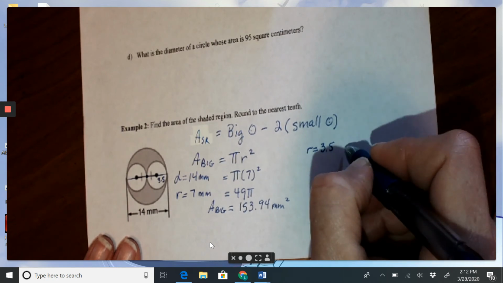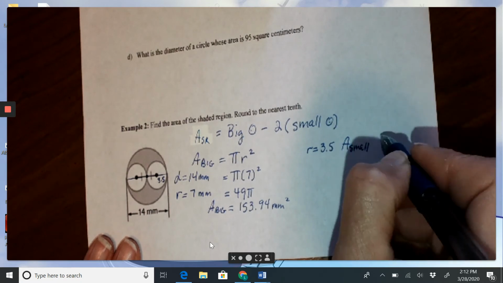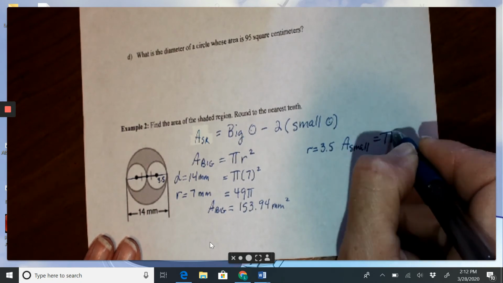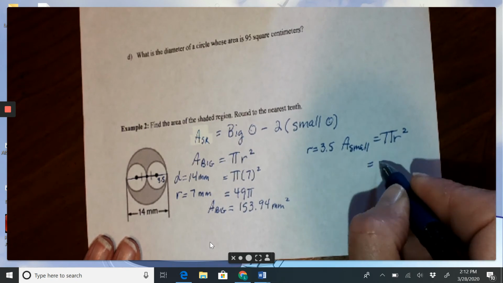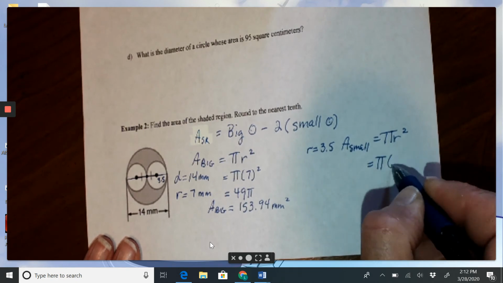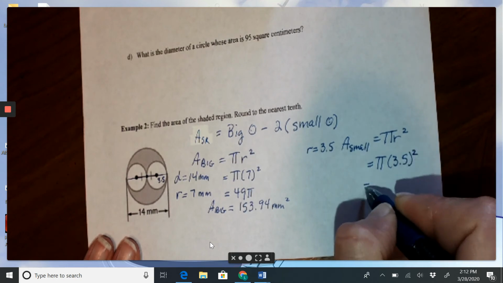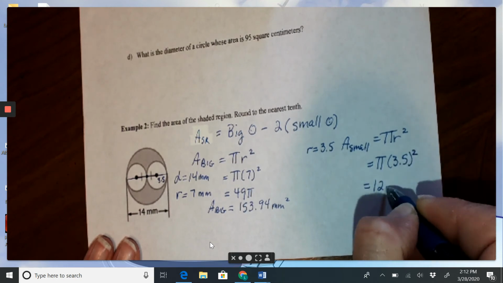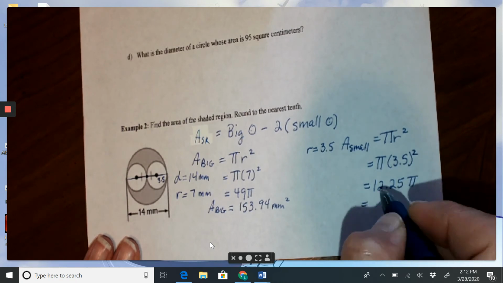So now we can find the area of the small circle, again using our area formula, pi r squared. So area is equal to pi times 3.5 squared, or 12.25 pi, or rounding to the nearest tenth.